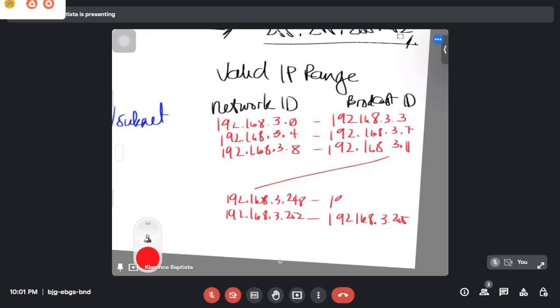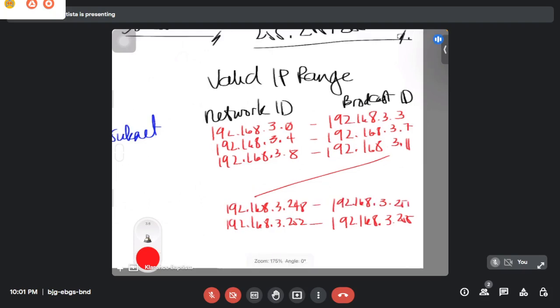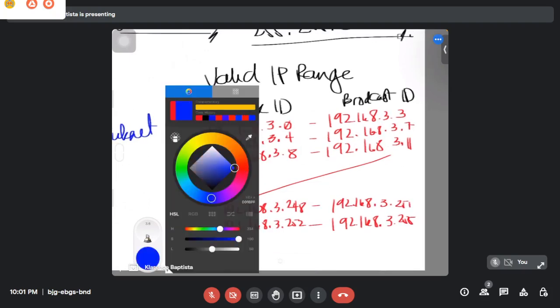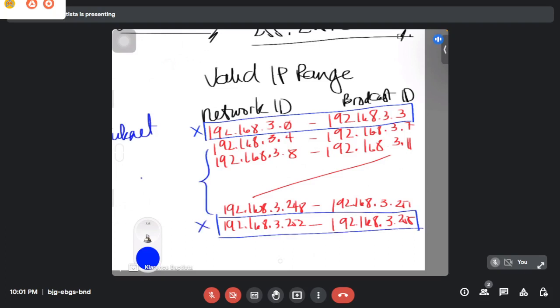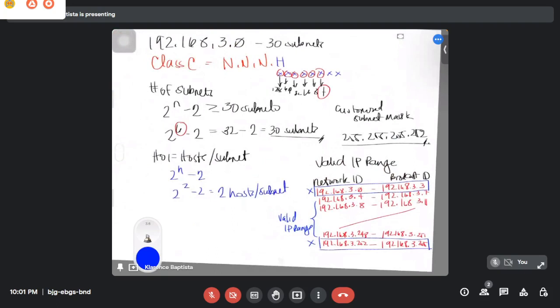Okay, we have 192.168.3.251. Okay, so we have the valid IP range. Ito po ay invalid. The last one is also invalid. So this one would be our valid IP range. Okay? So ganyan lang din po magkuha ng answer sa problem na to. So ito po ay for the required subnet or network.